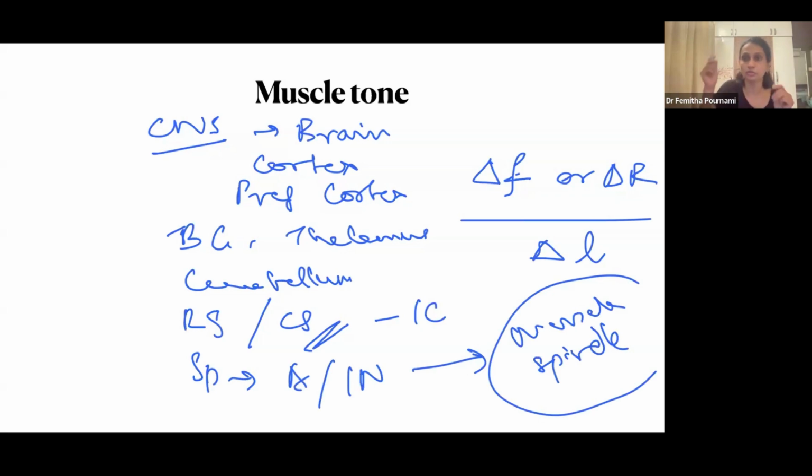You need to know that there are some inhibitory pathways, which prevent passive tone from increasing too much. If those pathways are cut off, then passive tone becomes abnormally high, which is not desirable. Suppose you have the medial reticulospinal pathways coming down from the prefrontal cortex. This is an inhibitory pathway.